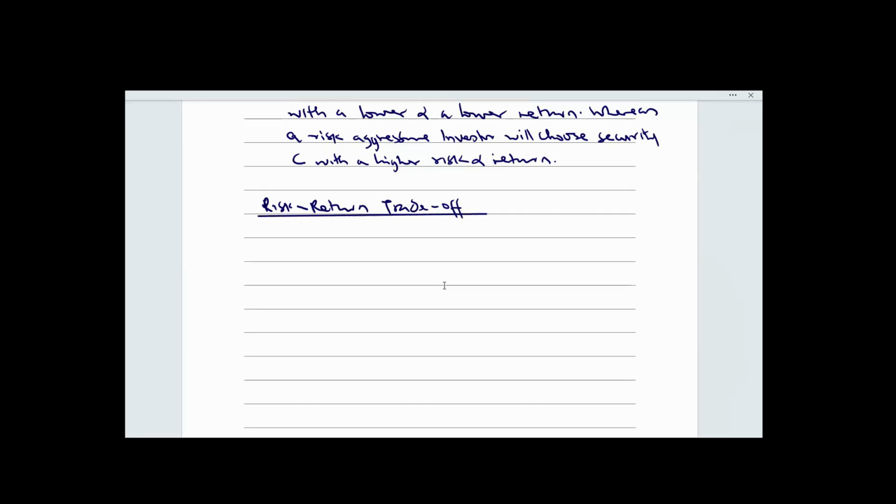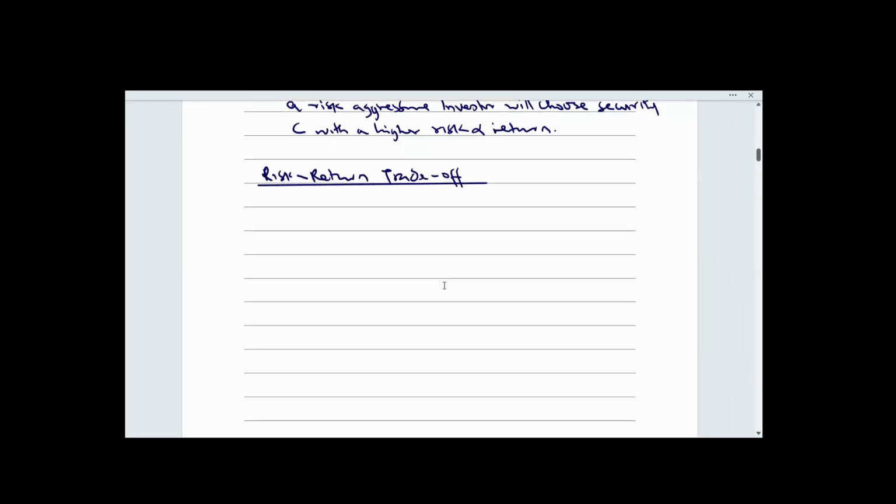Based on our explanation, the risk return trade-off is the relationship that exists between risk and return.